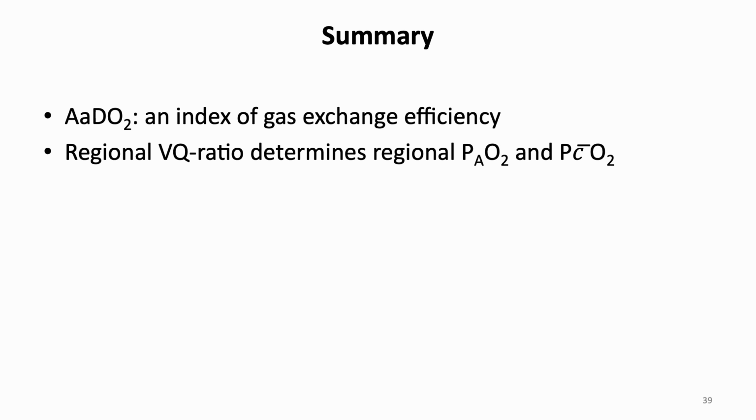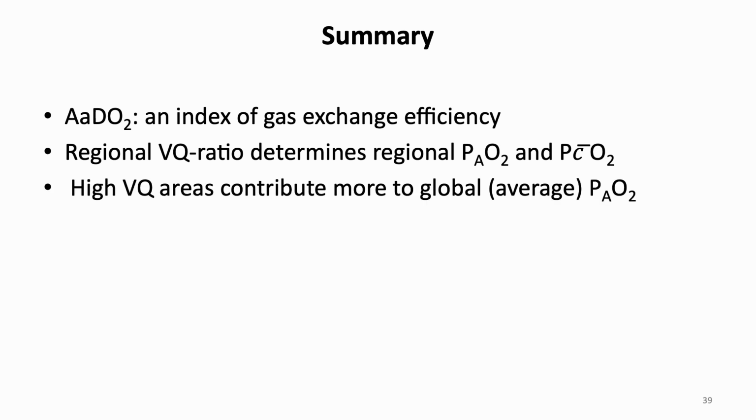It turns out that it's a regional VQ ratio within the lungs that determines the alveolar oxygen tension and thus also the capillary oxygen tension of that area. Now, in an area with a high VQ ratio, that is a much higher ventilation than perfusion, that area will increase alveolar oxygen tension in that area, but also contribute relatively more to the global alveolar oxygen tension simply because this area is ventilated more than it's perfused.